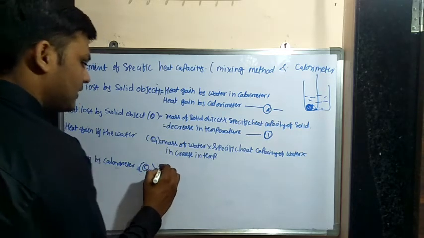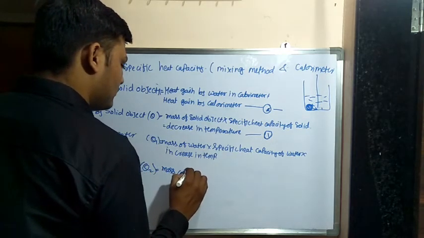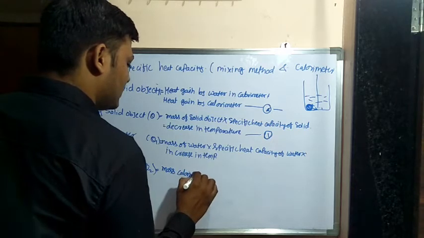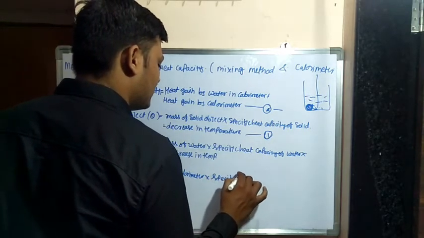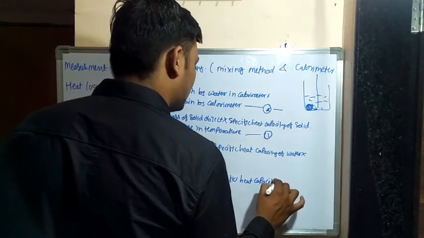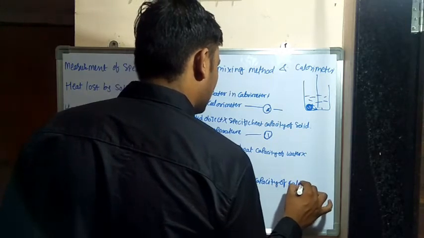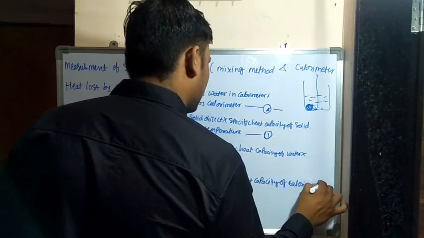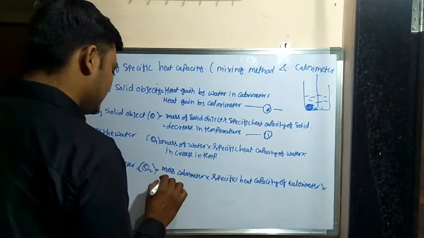Q2 is also the same: mass of calorimeter into specific heat capacity of the calorimeter into the increase in temperature, since the temperature of the calorimeter also increases.